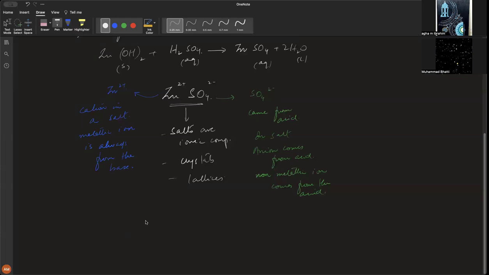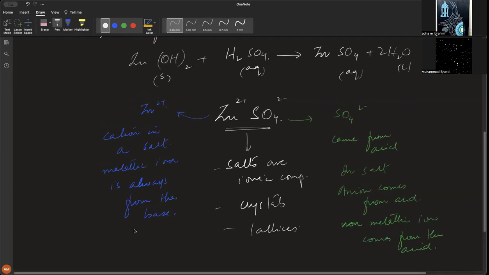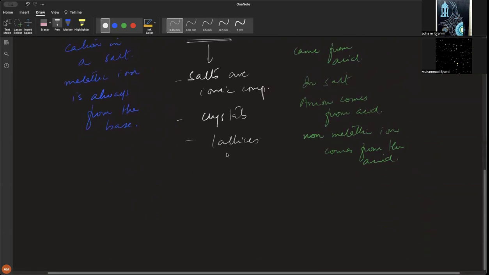So some examples for this can be, let's say, calcium chloride. Calcium chloride, obviously, we know that this is going to be coming from the acid. We know this is coming from the base, right?